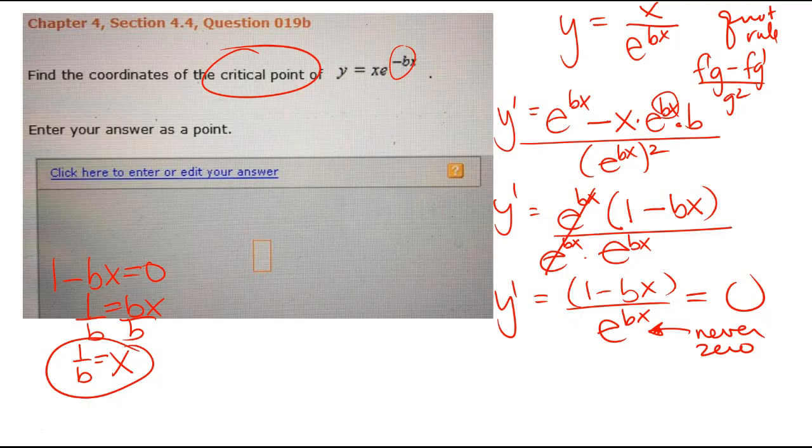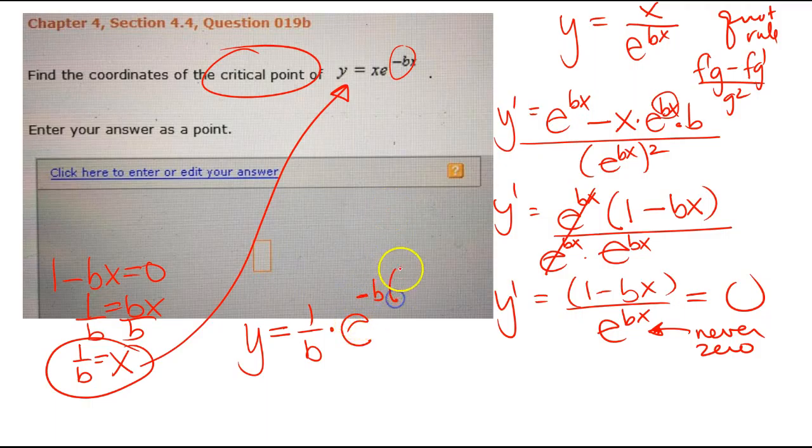In order to find out the coordinates of that point, take this x and I plug it right back in over here. So y equals x, which is 1 over b, times e to the negative b times x, which is 1 over b, right?